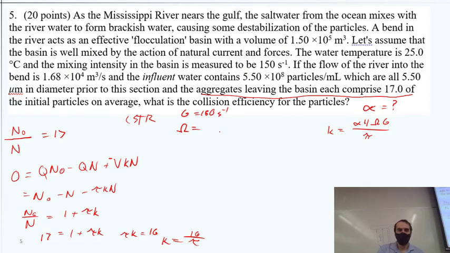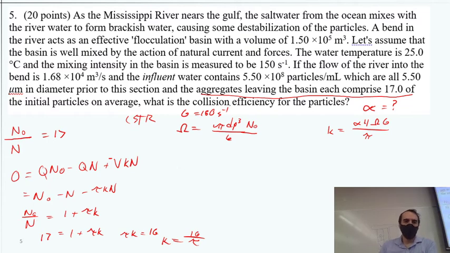This is going to be essentially the volume of a sphere, pi dp cubed over 6 times the number of those spheres we have per volume. And we're using an initial because that's what we have information on, the diameter of the initial ones.